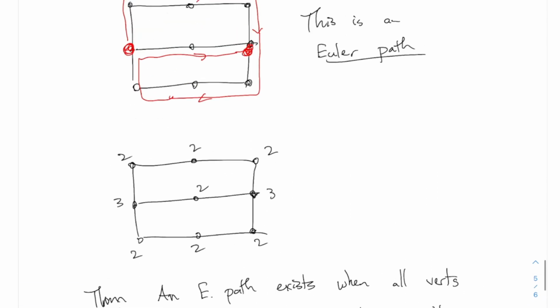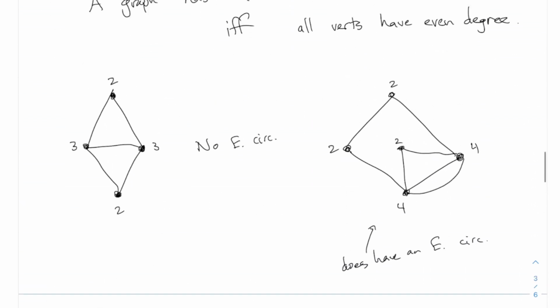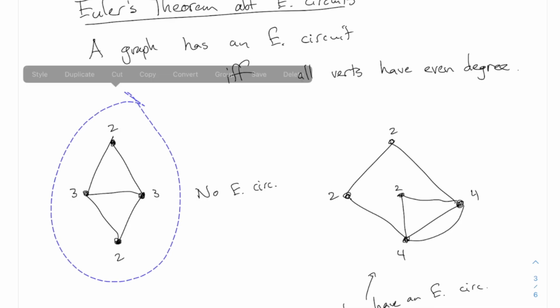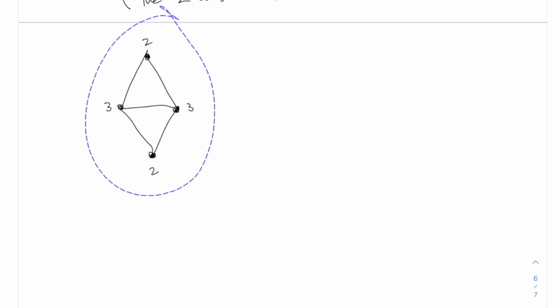So can we look back at these examples that I was looking at before? This one right here has no Euler circuit because it has some odds. It does have an Euler path though, because it only has two odds. So this one here, I'm going to copy this down. This one does have an Euler path, does not have an Euler circuit.